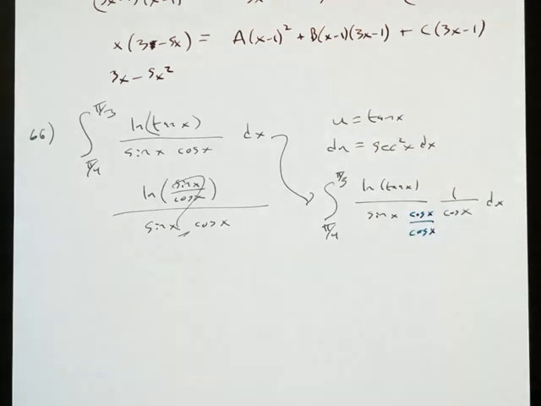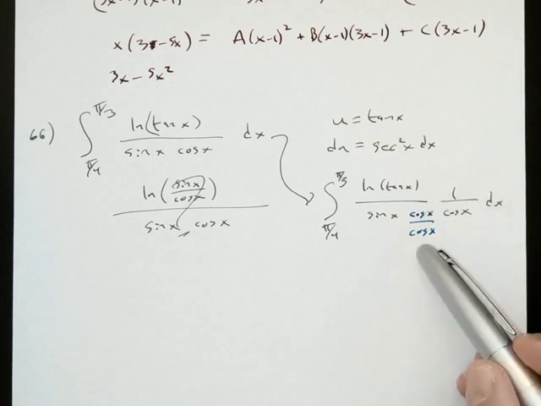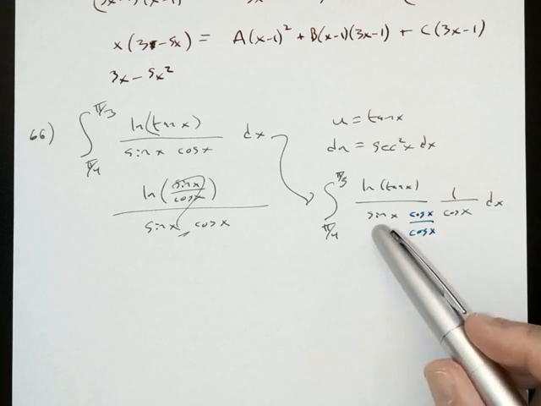Isn't it? One is cosine x over cosine of x. That's 1, right? So let's take the cosine of x that's in the top here and put it with this cosine of x. And we'll take the cosine that's on the bottom and put it over here with the sine.